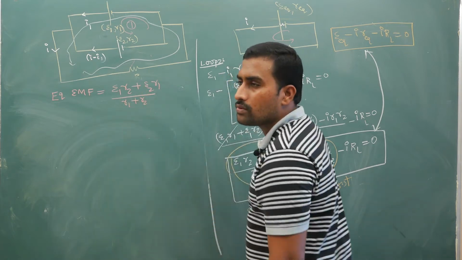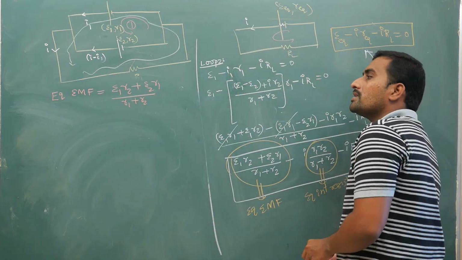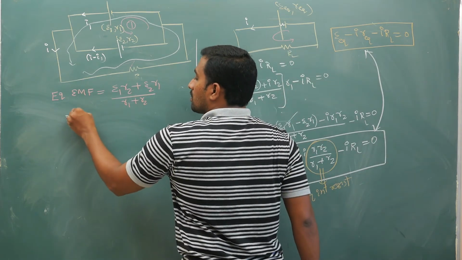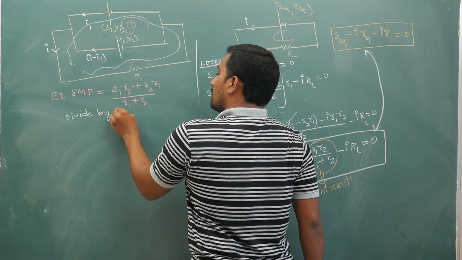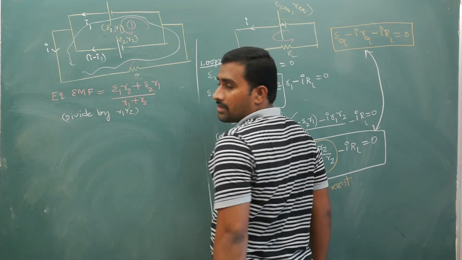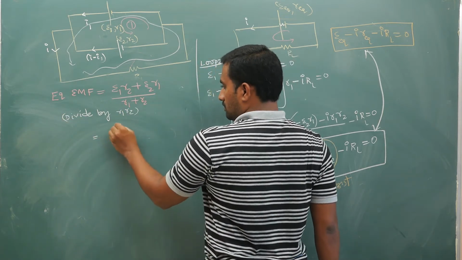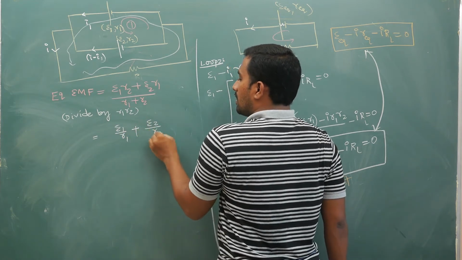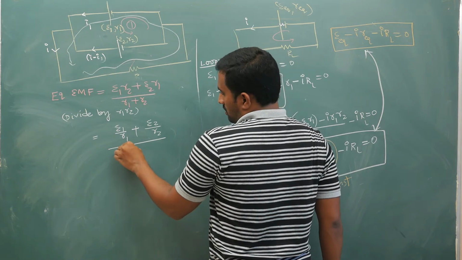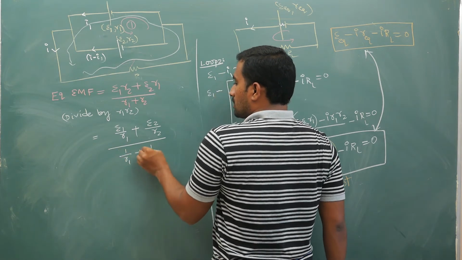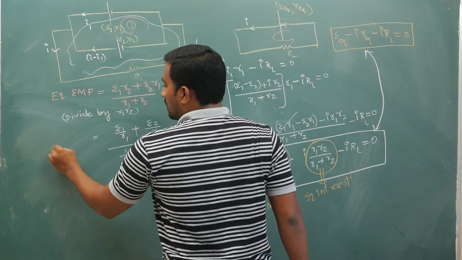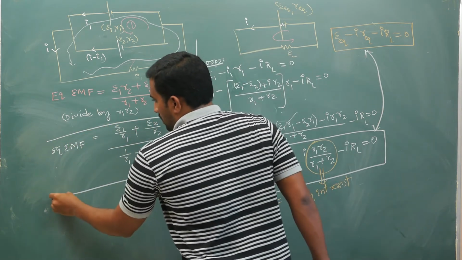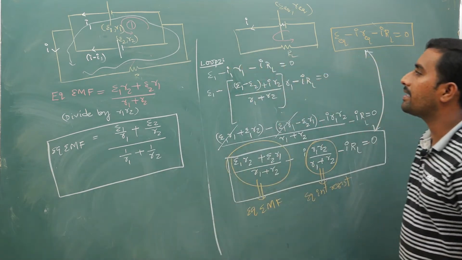Now I am going to rearrange this. I am going to divide by R1 R2 in the numerator and denominator. That will give you (E1 by R1 plus E2 by R2) whole divided by (1 by R1 plus 1 by R2) as your equivalent EMF. Right? So this is your final end result.